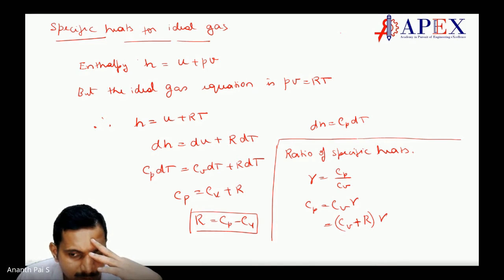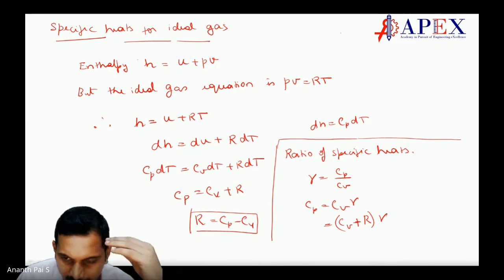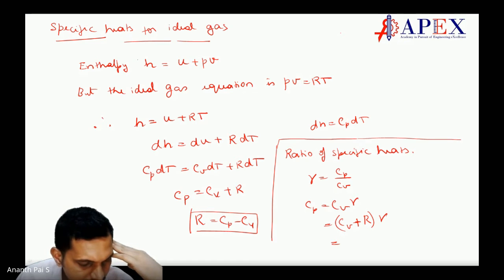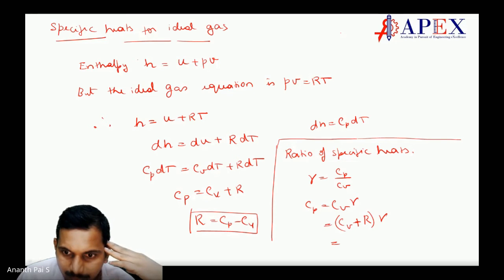And gamma is Cp by Cv anyhow. One second, students. Let us do this way, not this way. I'm sorry, I made a mistake here.